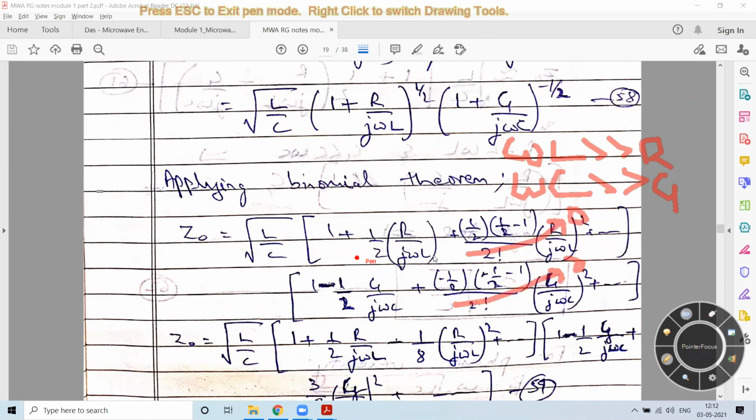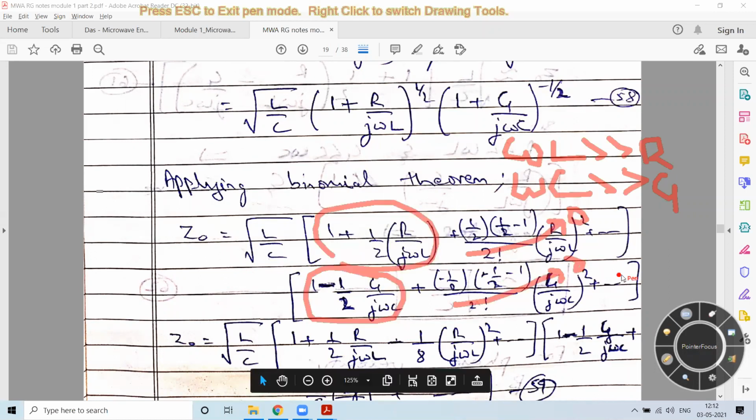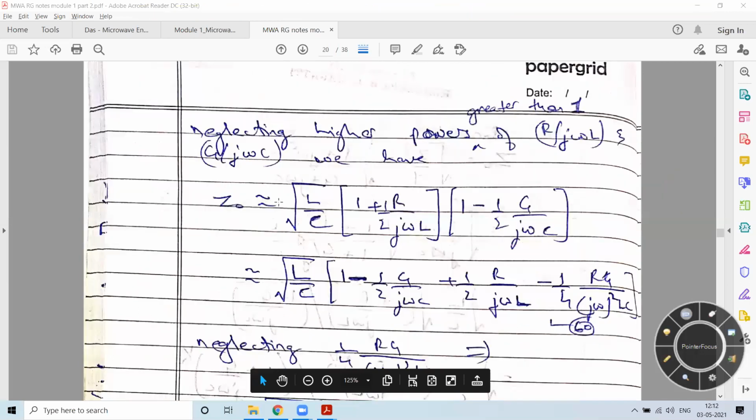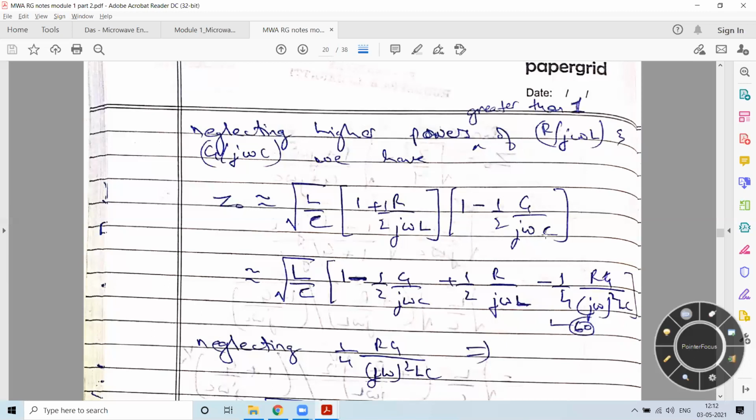We retain only the first two terms, and the rest we assume tend towards zero. Now when we simplify that, we get Z naught as square root of L by C into 1 plus half into R by j omega L into 1 minus half into G by j omega C.